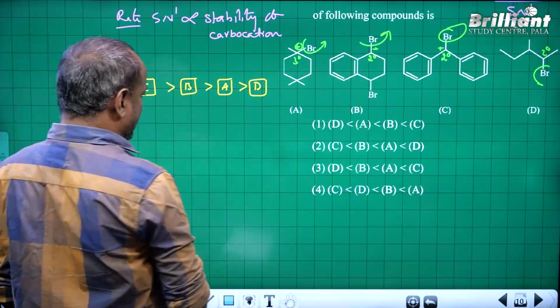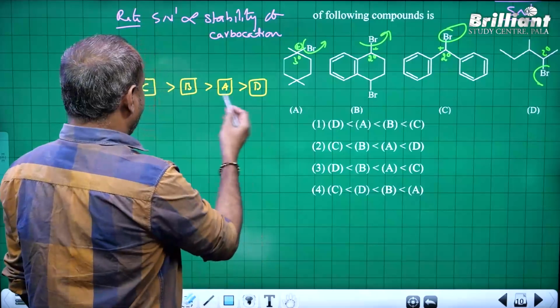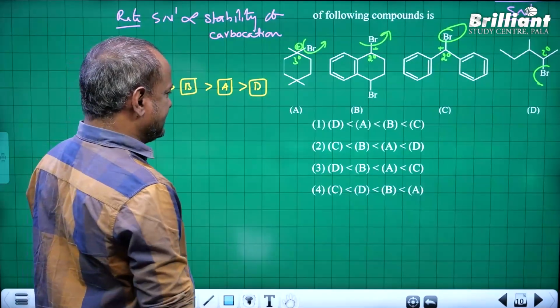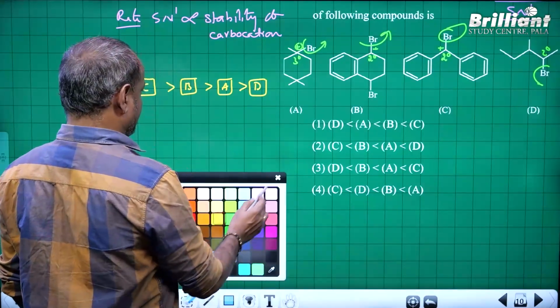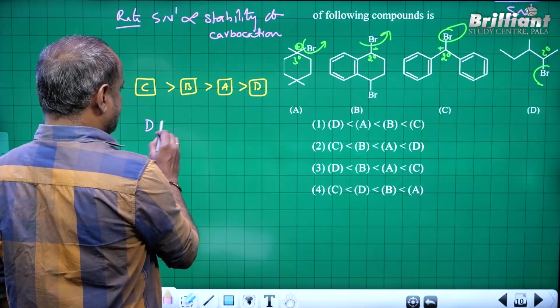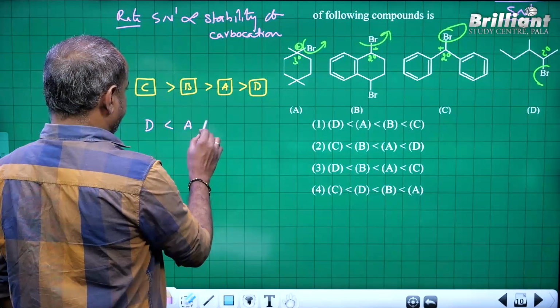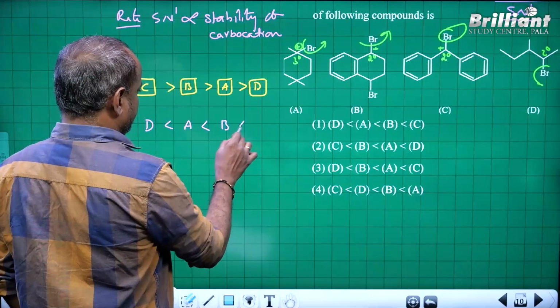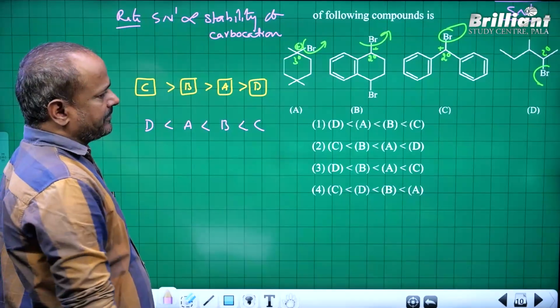So the increasing order is D, A, B, C: D less than A less than B less than C.